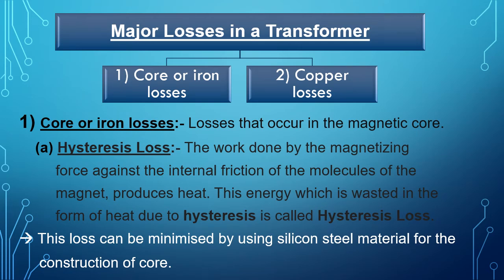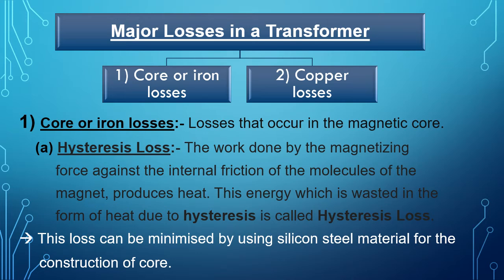Now we will take a look at major losses in a transformer. First is core iron losses, and the second one is copper losses. Now first take a look at core iron losses. Core iron losses are the losses that occur in a magnetic core. Here it also consists of a part which is called hysteresis losses.